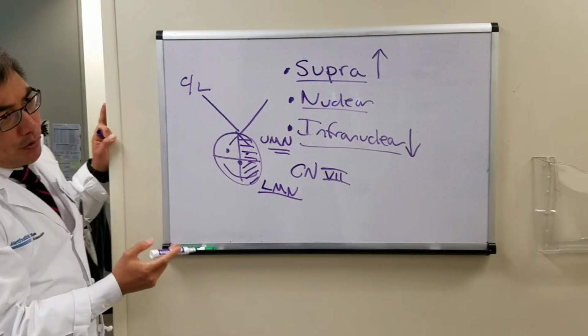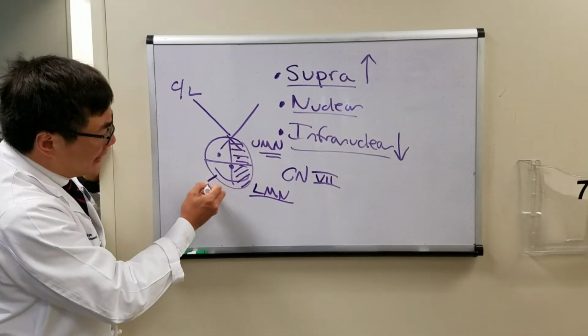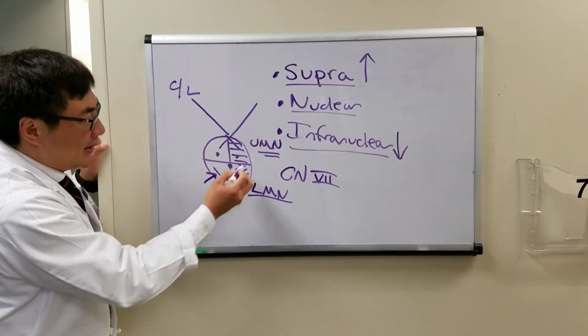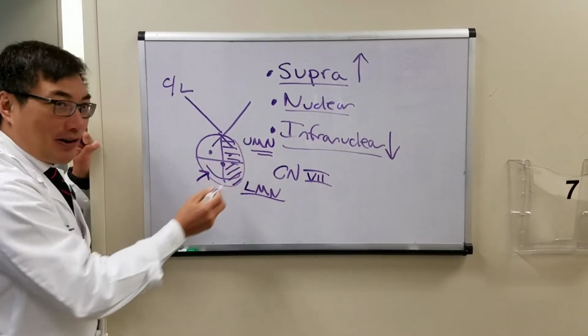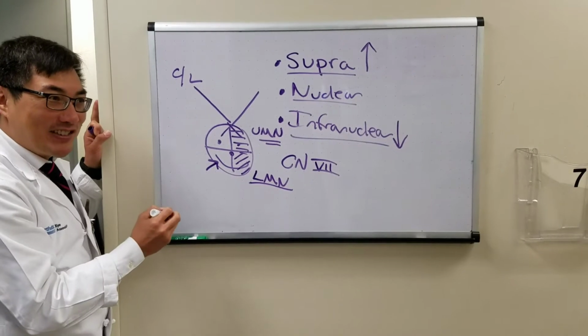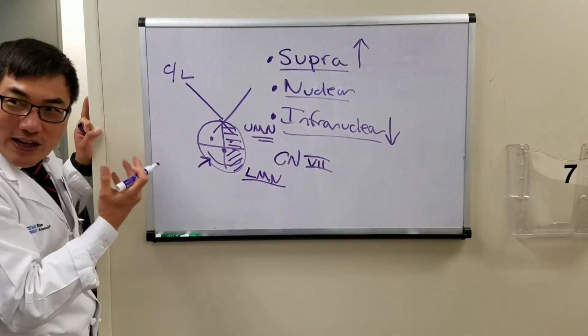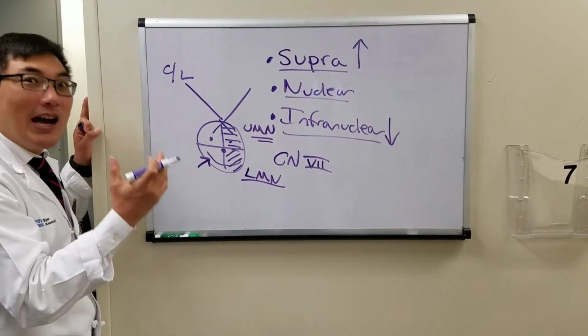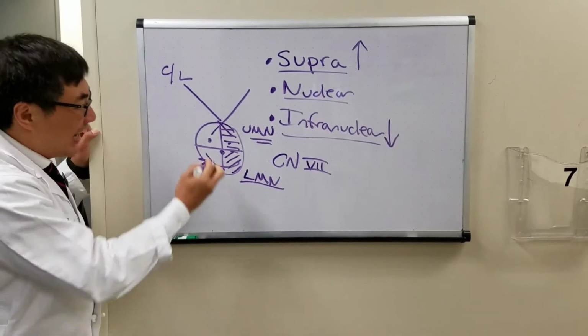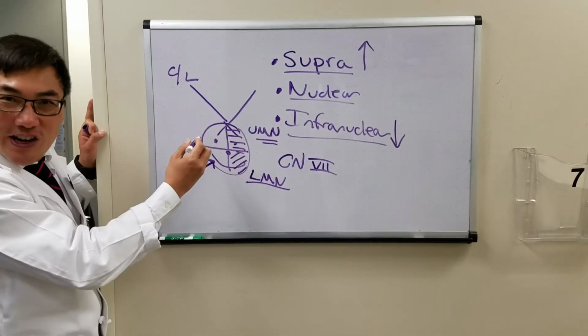And the reason that's important is, if we just have a lower face weakness, that is actually upper motor neuron, and that is counterintuitive, that a lower facial nerve palsy would be upper motor neuron, and that's because of preservation of the forehead.